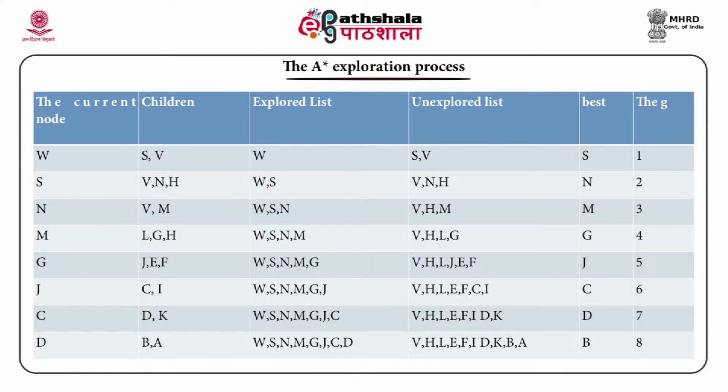And whenever a node is explored, it is added to the explored list, because that node we are not going to look at again. A new node which is already explored, or even unexplored, we will not touch it. So, you can see how it proceeds and reaches B.